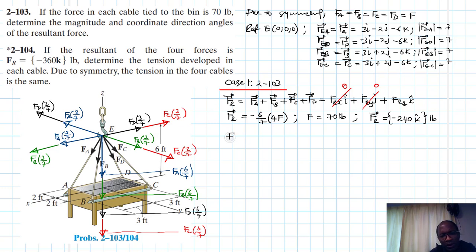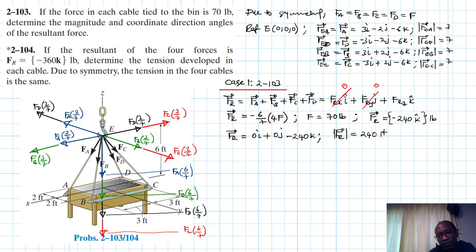We can also rewrite this particular force vector as equal to 0i plus 0j plus minus 240k. This is also the same thing. And then the magnitude of this, using Pythagoras theorem, is just going to be equal to 240.